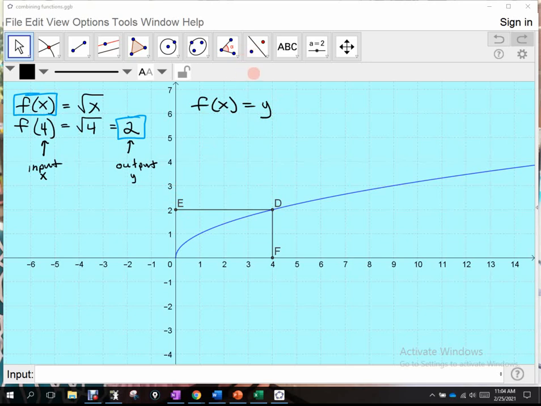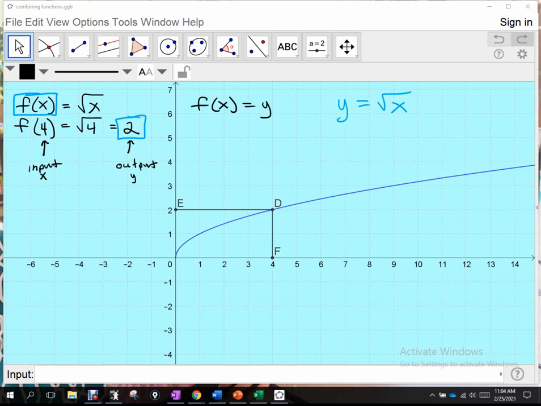So if I say f of x equals radical x, I am telling you that that is really y equals radical x. It's an equation in 2 variables, but instead of using y, I use the notation f of x to tell you that it's a special equation, to tell you that when I say everybody tell me what is the y that goes with 4, everybody's telling me 2. Does that make sense?